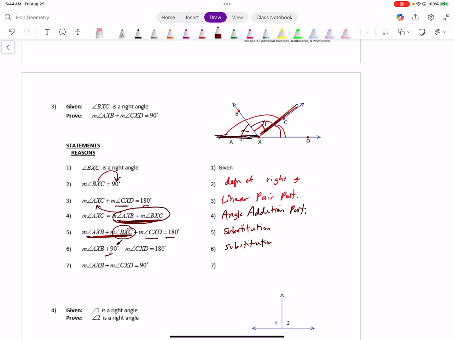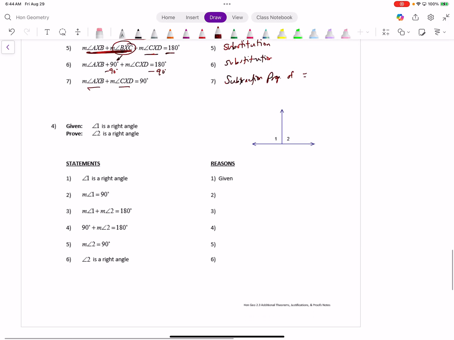And then we're going to subtract 90 degrees off each side, and that's going to leave us with the measure of angle AXB plus the measure of angle CXD is 90 degrees. So that's the subtraction property of equality.